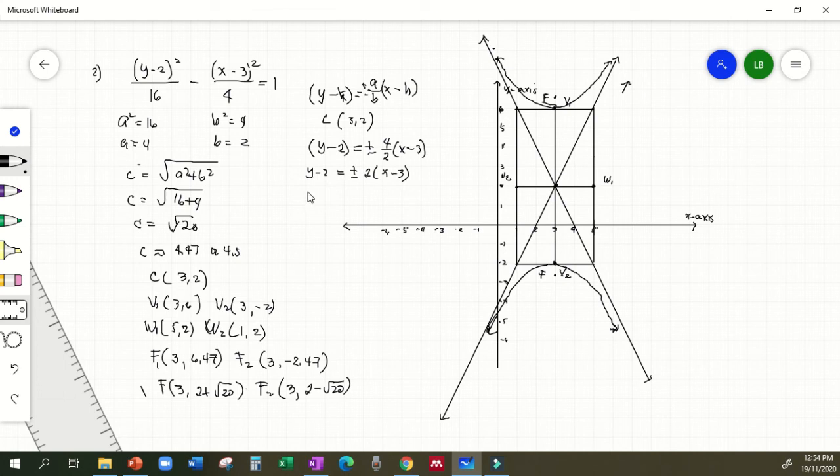Then, lipat natin tong negative 2. So, y equals plus or minus 2 multiplied by x minus 3 plus 2. So, ito yung dalawang equation ng asymptotes. Isang positive at isang negative. Pag hiniwalay yan, so y equals 2 quantity x minus 3 plus 2. At yung isa, y equals negative 2, so, x minus 3 plus 2. So, yan yung equation.